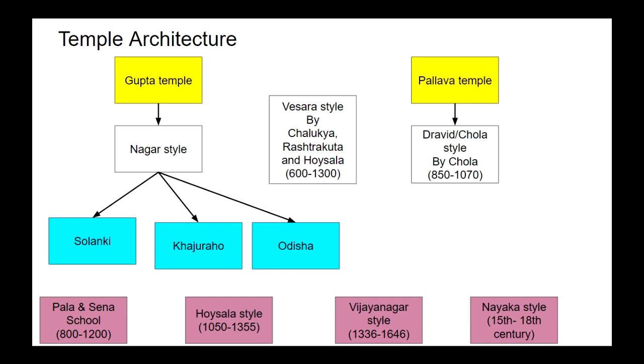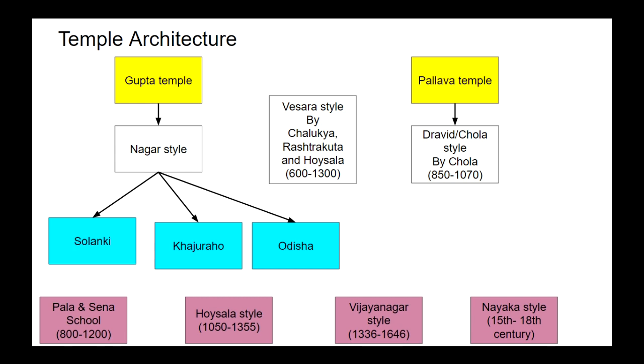Apart from these three important temple architectures, we have some other temple architectures also. That is Pala and Sena style temple architecture, then Hoysala style temple architecture, then Vijayanagar style temple architecture, then Nayaka style temple architecture. Pala and Sena school developed from 800 AD to 1200 AD.